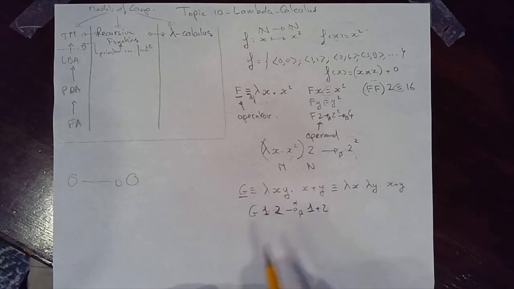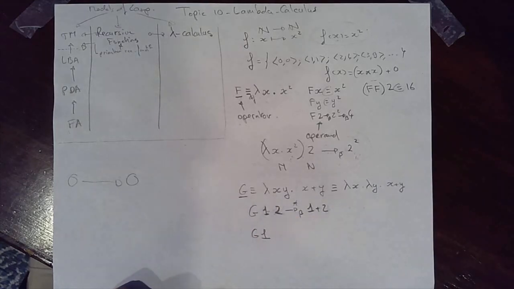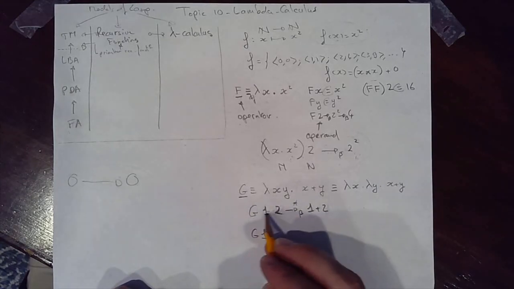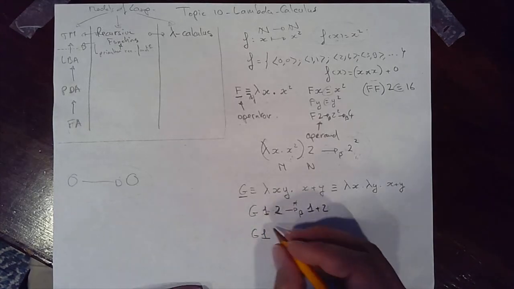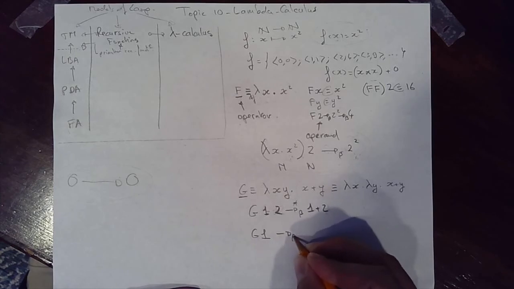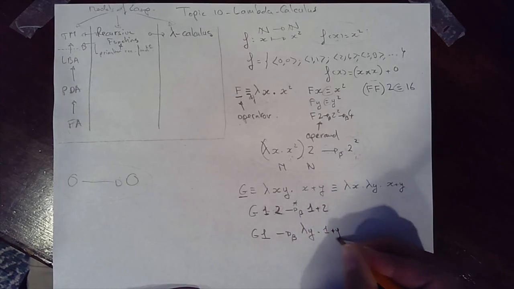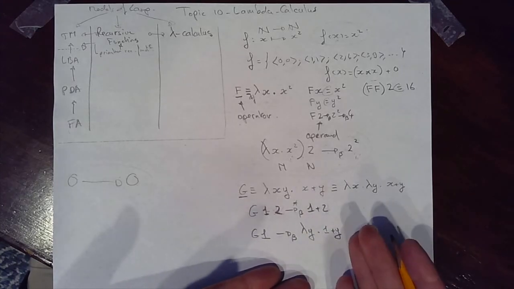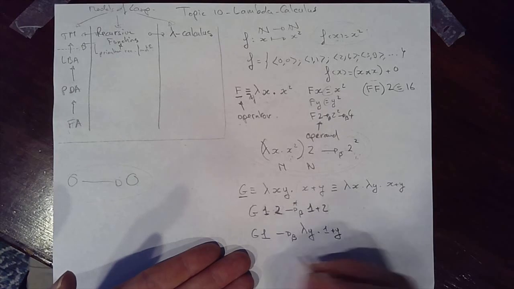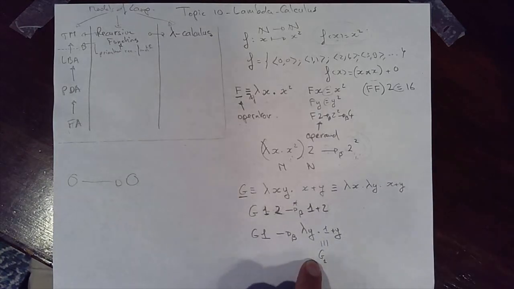What is interesting here is that I can also just say G1, right? So G is an operator that can take two operands, but what if I take just one operand? What happens then? Well, I get lambda y 1 plus y. I get a new operator. You can call it G prime, or actually we could call it G1. What does G1 mean?